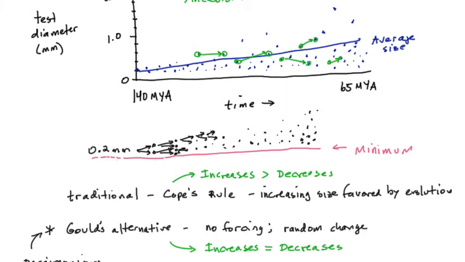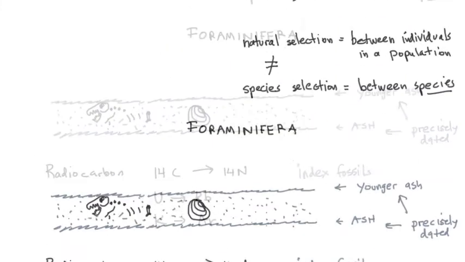Okay, let's apply this same logic to a different evolutionary trend that's of greater significance than the size of foraminiferan tests. Ask yourself, has there been a trend toward increasing complexity in the evolutionary history of life? Most of us would quickly nod our heads and say, of course.